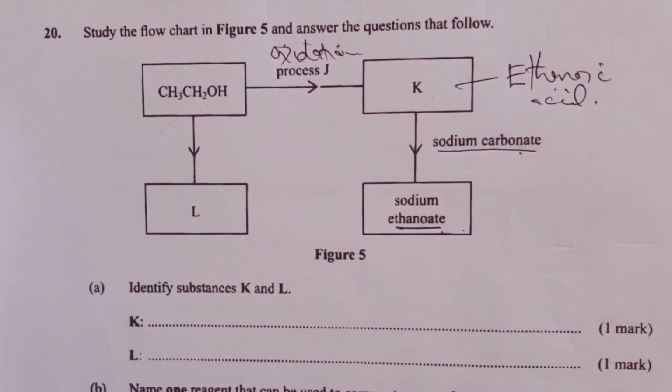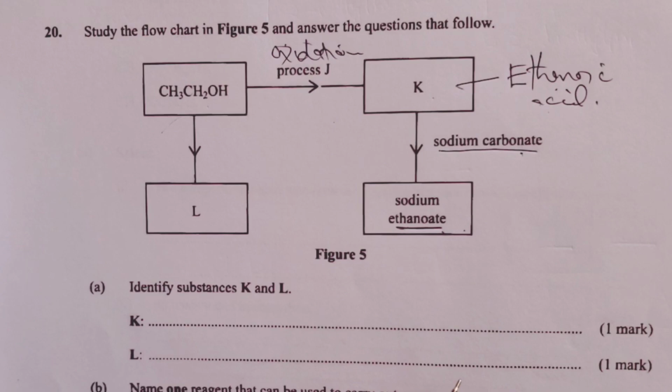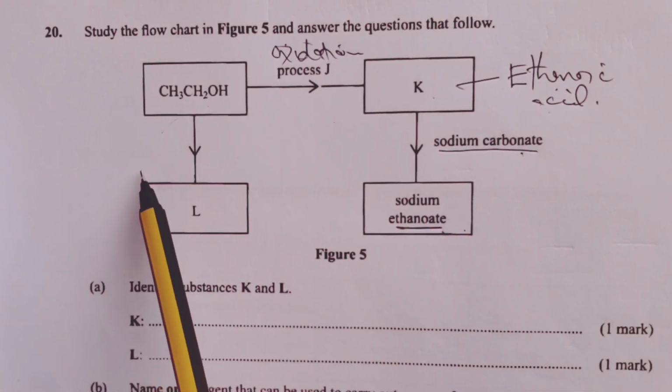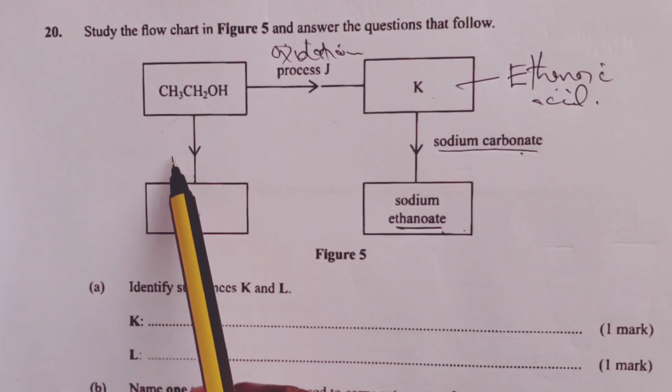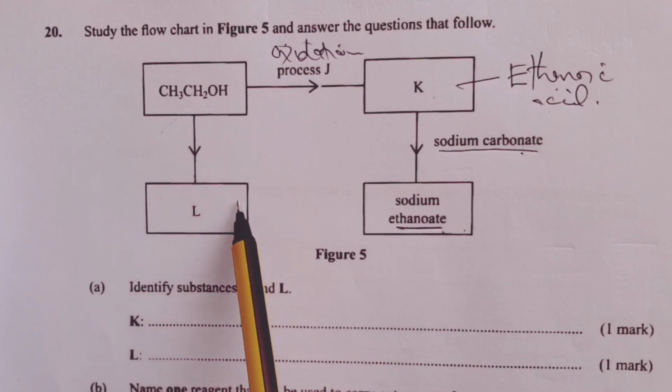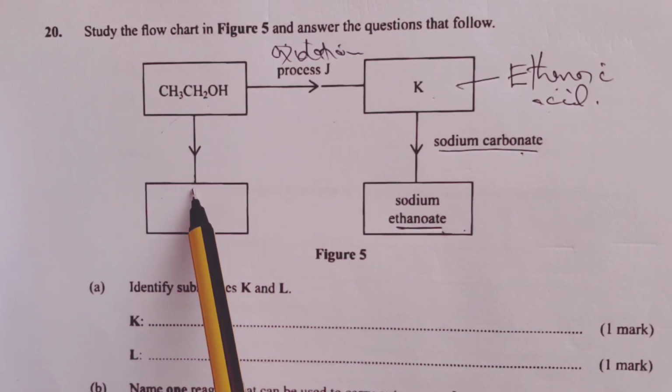And for us to oxidize ethanol, we are using our usual oxidizing agents, acidified potassium manganate(VII) or acidified potassium dichromate(VI). The examiner was not able to give us much information down here, so we cannot tell what was happening unless some corrections were made.